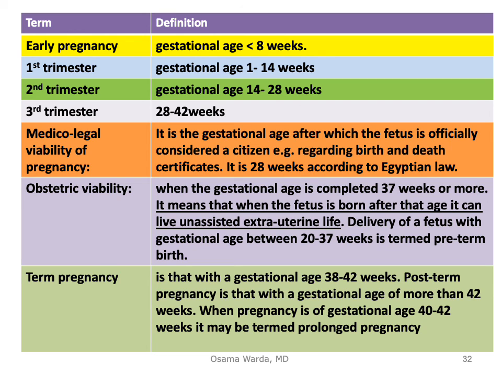It differs in other countries and other laws. Obstetric viability is 37 weeks, the beginning of term. It means that when the fetus is born after that gestational age, it can live unassisted extrauterine life. Term pregnancy is that with gestational age 38 to 42 weeks.